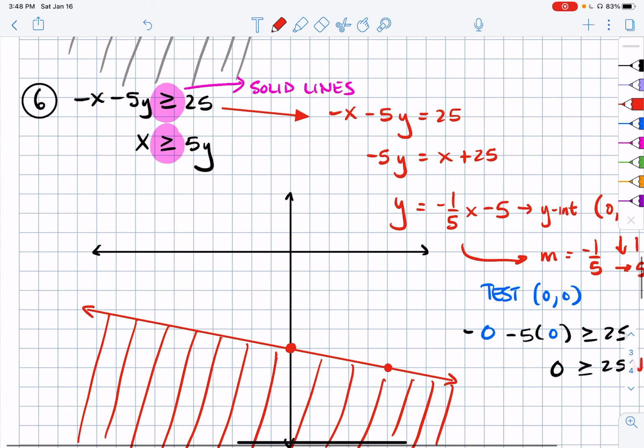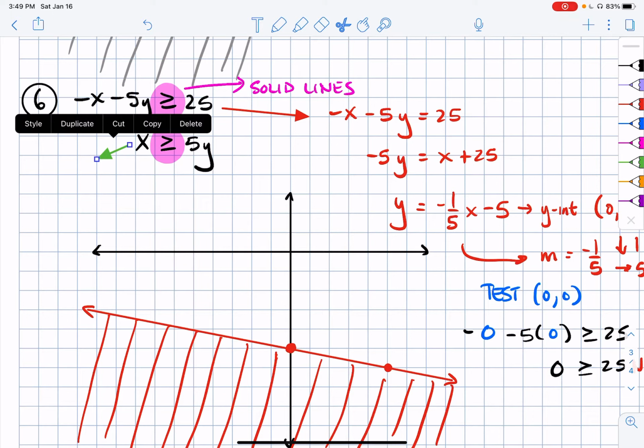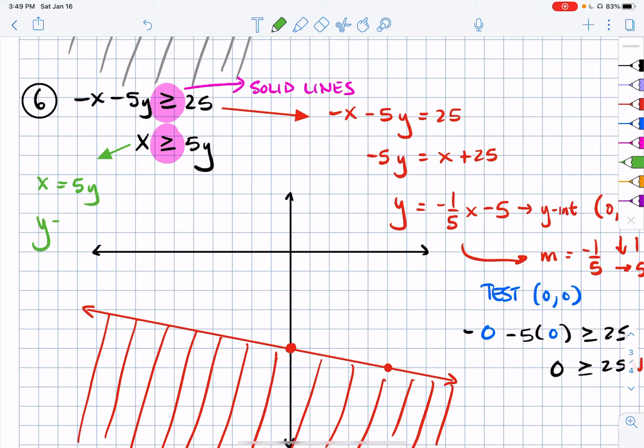All right, so now let's take the other equation, the second equation. Let's make it green. So over here, x equals 5y. Divide both sides by 5. I got y equals 1/5 x.